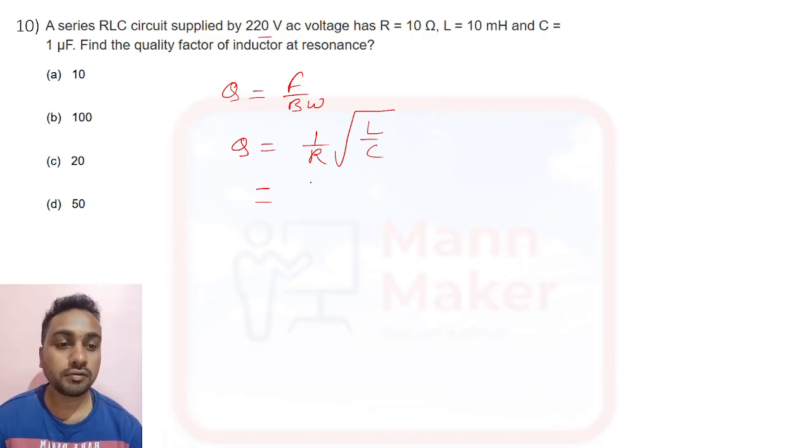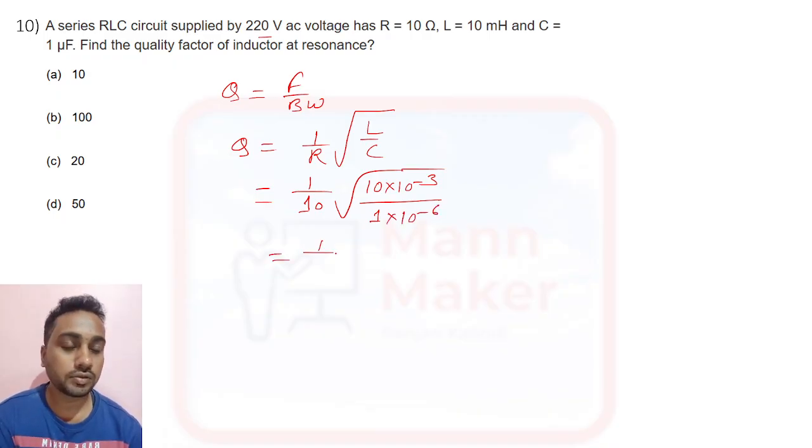So we have 1 by R, we know 10 ohm, L is 10 millihenry, so 10 into 10 to the power minus 3, and capacitor is 1 microfarad, that is 1 into 10 to the power minus 6.